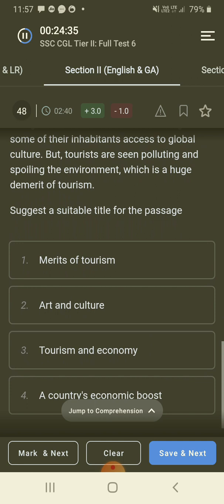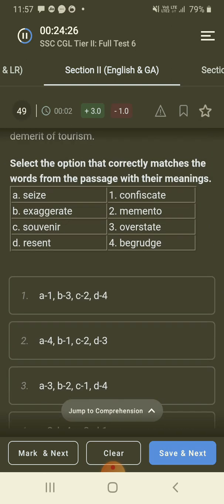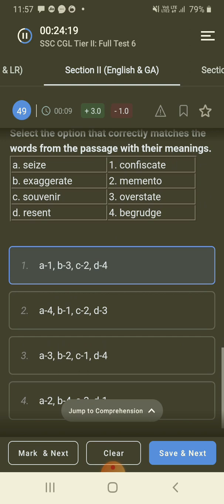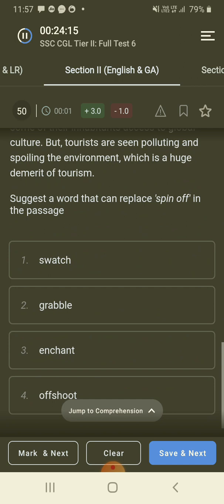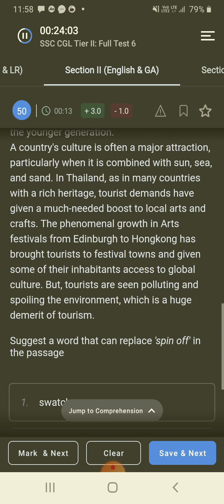Suggest a suitable title for the passage. Siege, confiscate, exaggerate. Suggest a word that can replace spin-off.